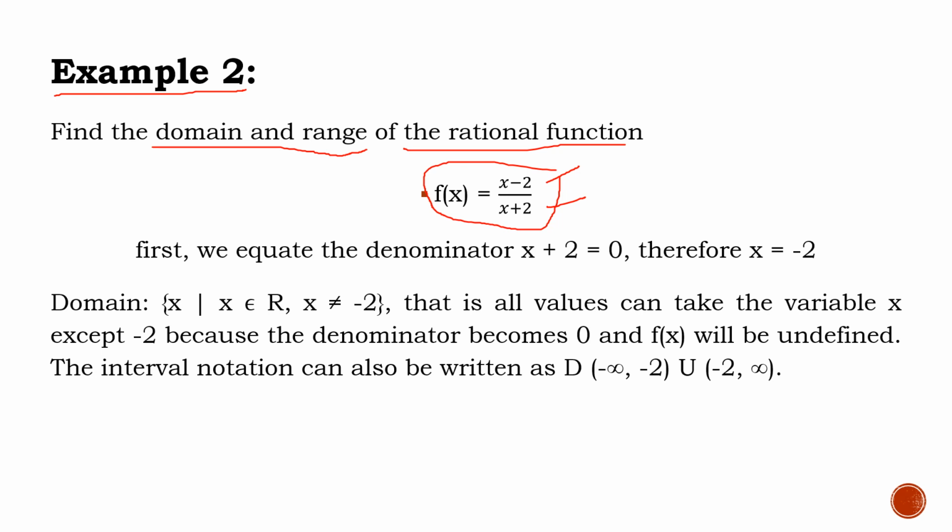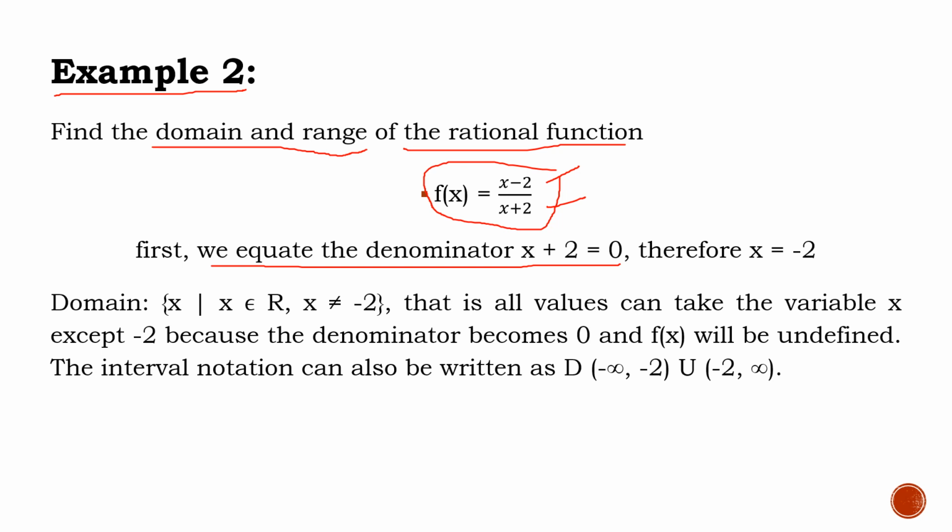Now, we really need to check what value of x will give you a value of the denominator which is equal to 0. That's why we're going to equate the denominator equal to 0 for us to find the value of x which we cannot put on this one, or we exclude from the values of x that we're going to put.